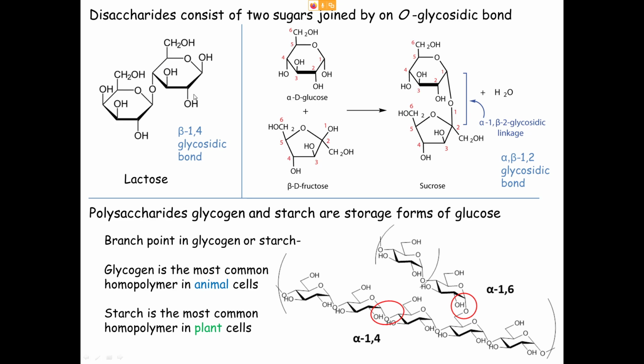Yes, it's glucose. And is it alpha or beta in this drawing? Beta. Happens to be beta, but it didn't have to be. It could have been alpha. That's irrelevant. You notice this carbon's OH is not involved in the connection. So it's irrelevant whether this side was alpha or beta. So we have a galactose and a glucose, and the connection was again between numbers 1 and 4, but this one happened to be beta. So if I do a beta 1,4 connection between a galactose and a glucose in that order, I get lactose, or a milk sugar.